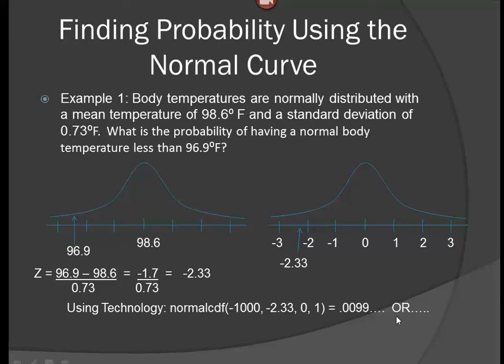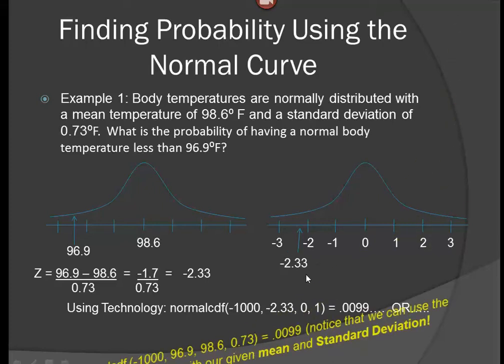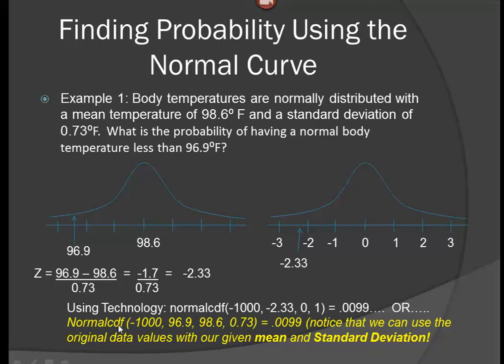Another way to do this without having to first figure out what the z value is, is to use normal CDF, but use our original data values over here. So again, negative infinity, we want to pick something that's significantly large in a negative direction, all the way up to 96.9. In this case, what would be extreme enough could even be 0, but the bigger you get, the more safe you are there.